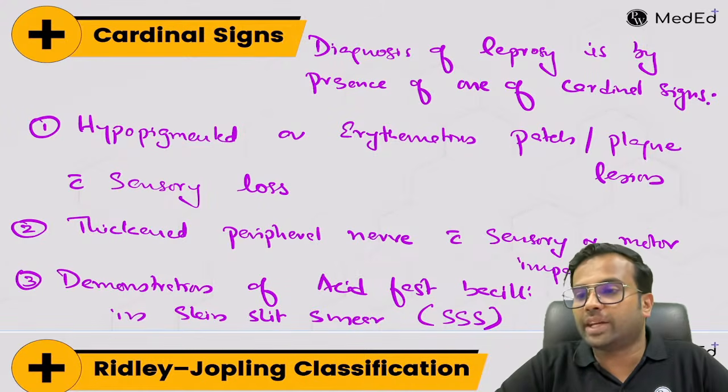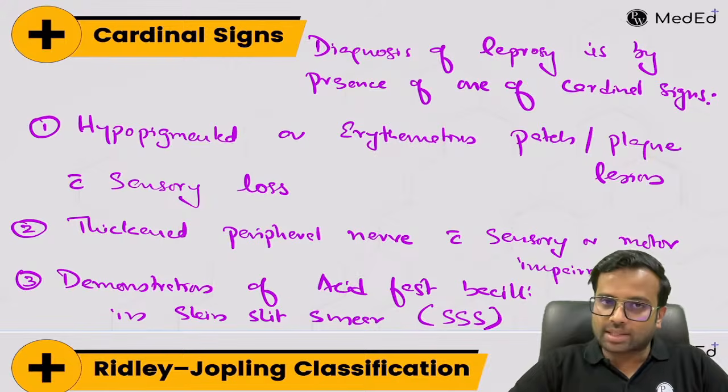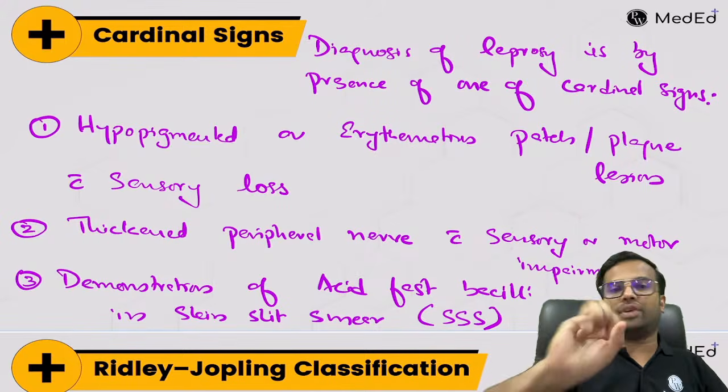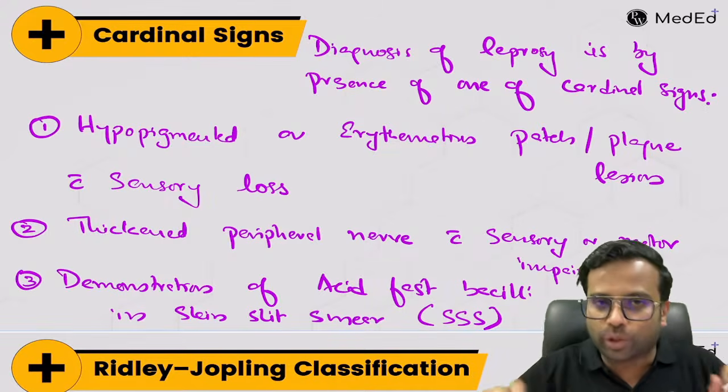So these are the three very important points. So please remember, this will definitely fetch you marks. So here three cardinal features, out of which at least one is present, the diagnosis is going to be confirmed.